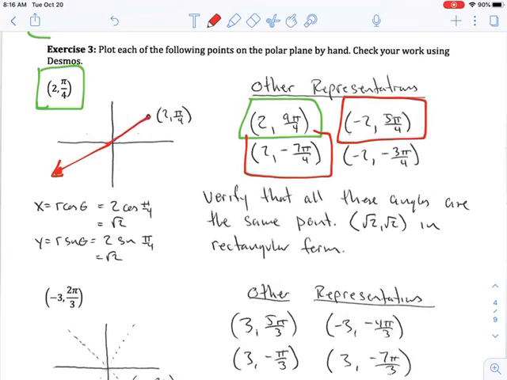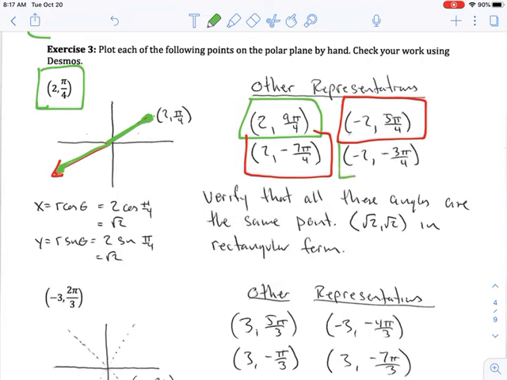And so that obviously is not the same angle, but if I took the radius and made it negative, then instead of being a point down here, that point is going to shift over to here. This would be a radius of 2. A radius of negative 2 would be going in the opposite direction. So this would be the point negative 2, 5 pi over 4.